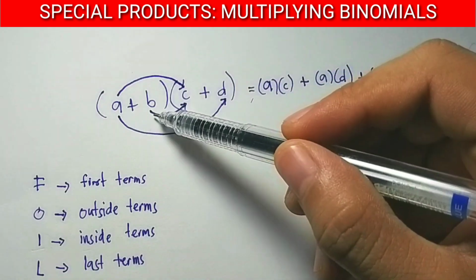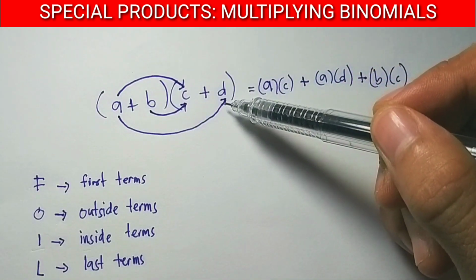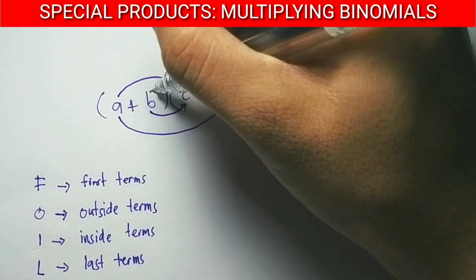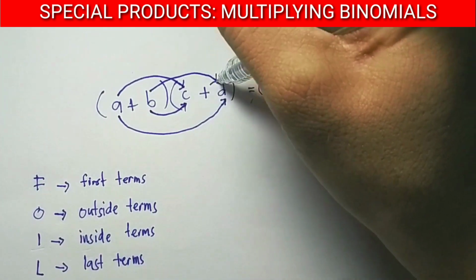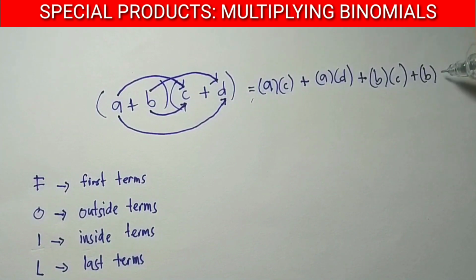Di ba ang last term nato ani nga binomial is B. Ang last term pud diri sa pikas nga binomial is D. So that is B times D.